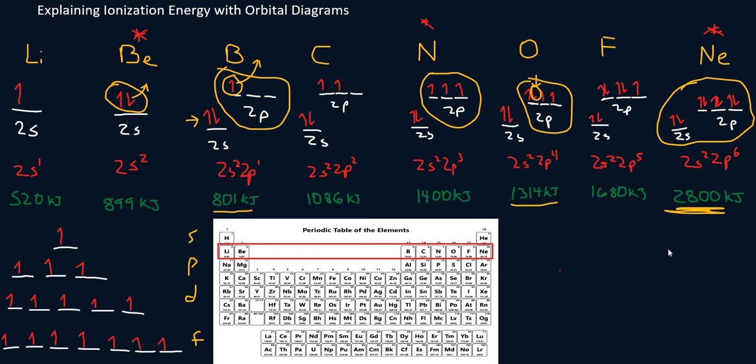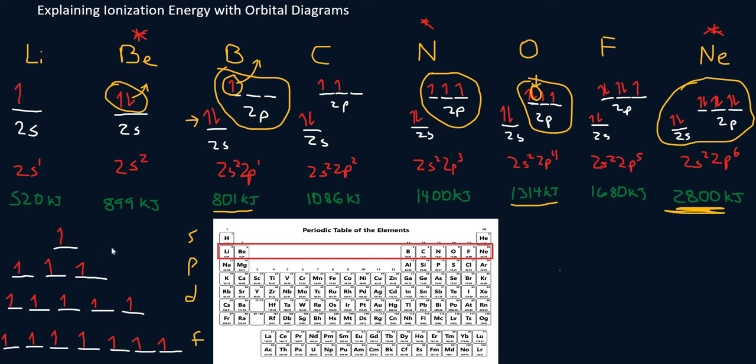It takes a lot of energy to remove just one electron from that, because you're making neon, which is an incredibly stable atom, into an incredibly unstable atom by removing just that one electron, meaning that the energy is higher.